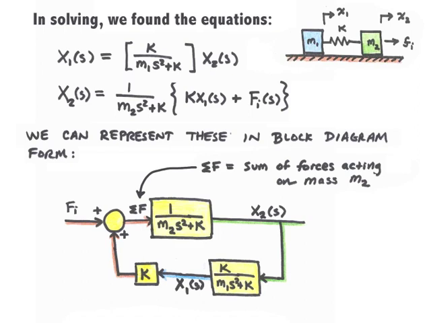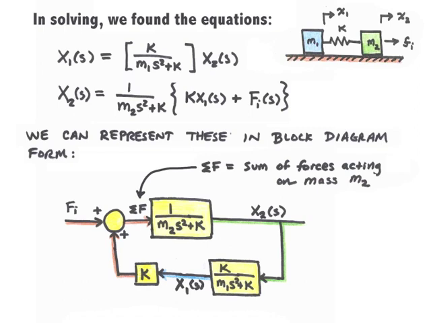The first equation has x1 of s equal to the transfer function k over m1 s squared plus k times x2 of s. That's represented by the line at the bottom of the block diagram, where x2 of s goes into the block k over m1 s squared plus k, and out comes x1 of s.